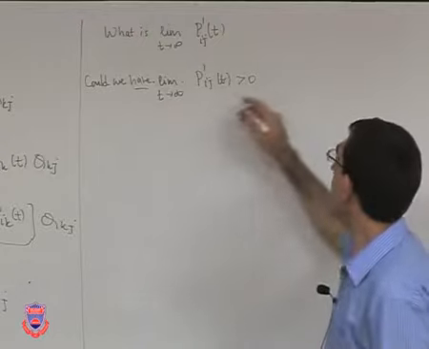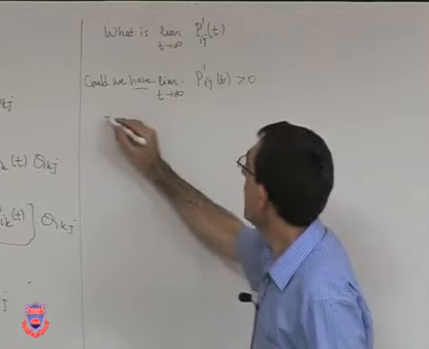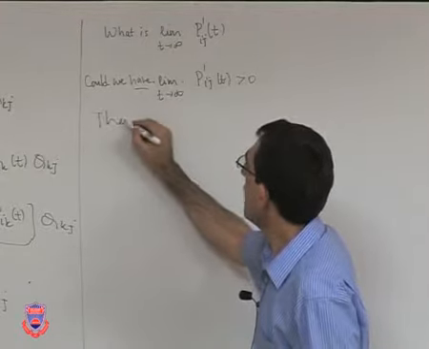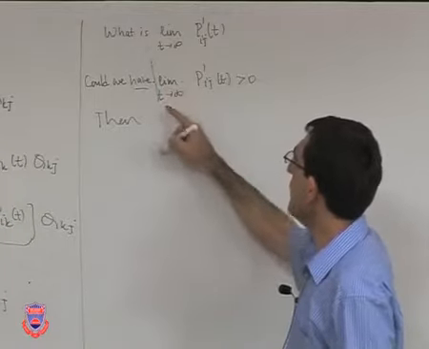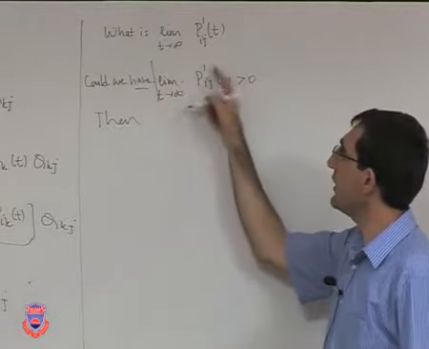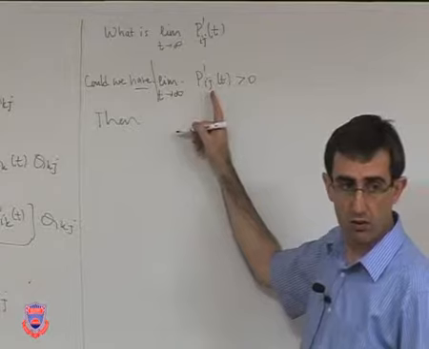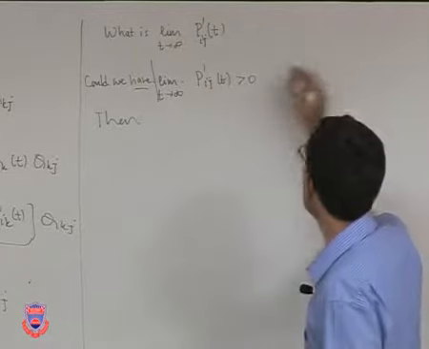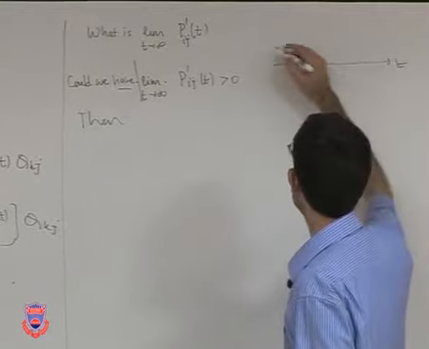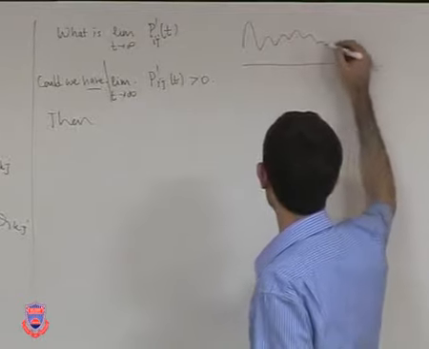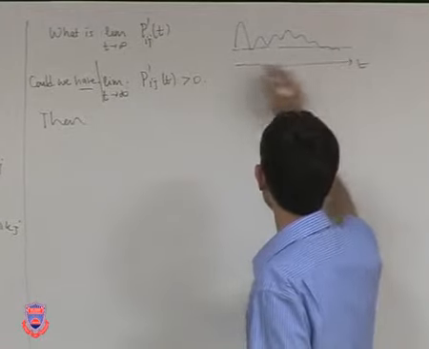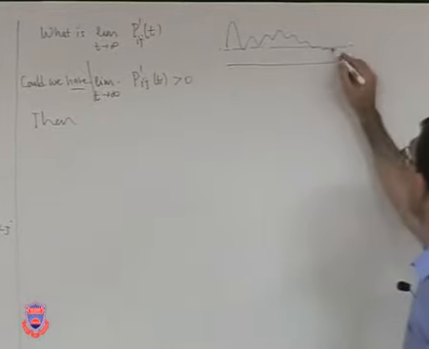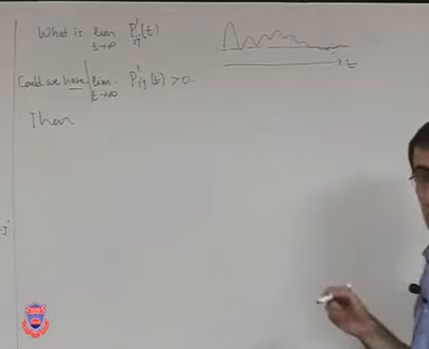If this is positive, then that means by the definition, for large t's, all these numbers are going to be away from 0. Because if it is positive, maybe it will just fluctuate, but then will converge to some positive value, and it is going to stay in the neighborhood of that number.